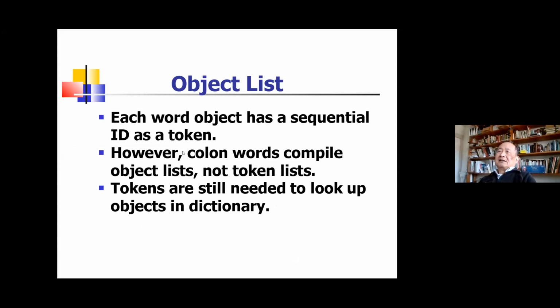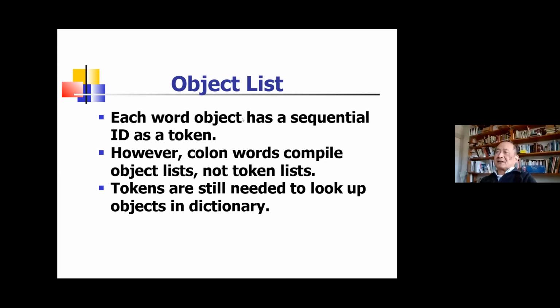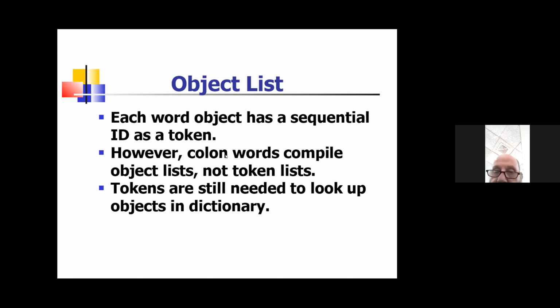So in the PF field, each word object has a sequential ID, which we love because the token identifies the word internally. However, because we got a big switch structure. Yes.